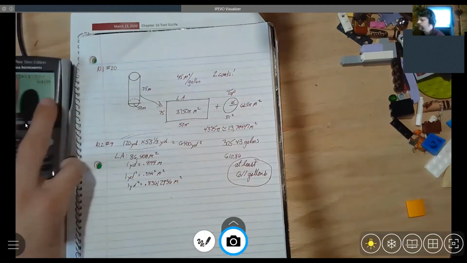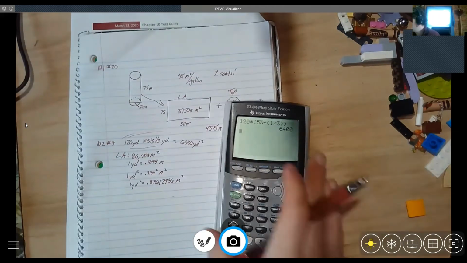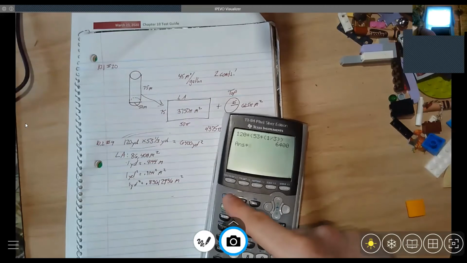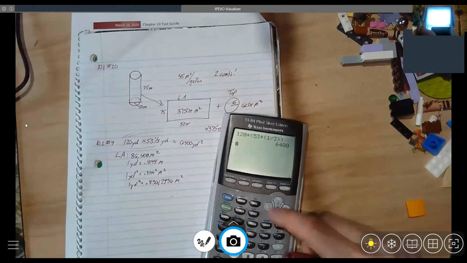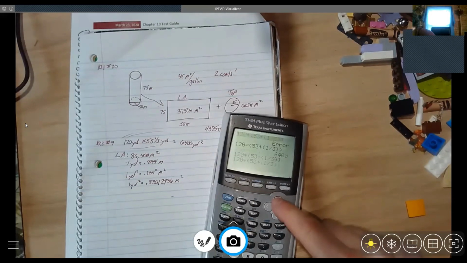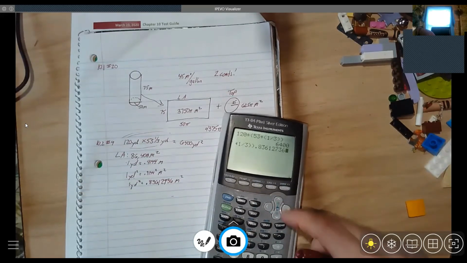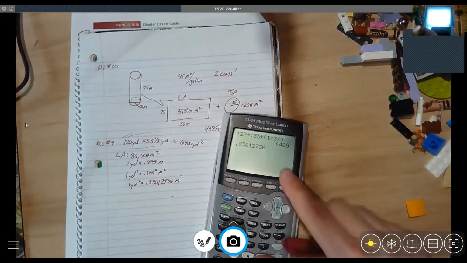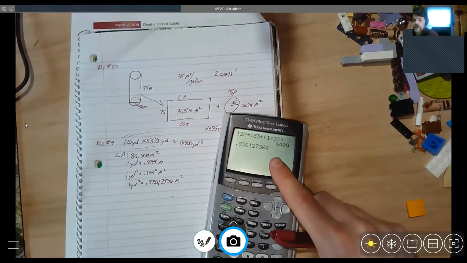So what we need to do is take our 6,400 and multiply it by this number here. This is how many square meters are in a square yard.